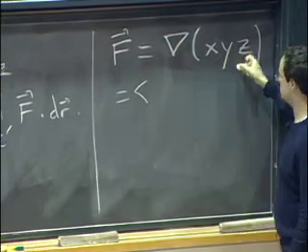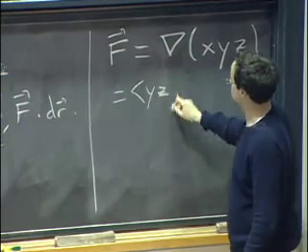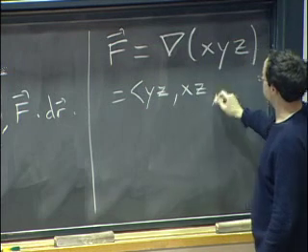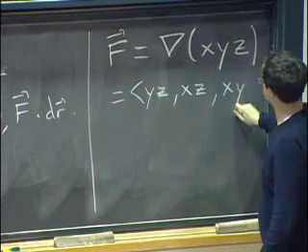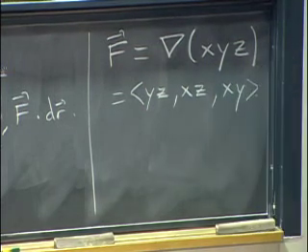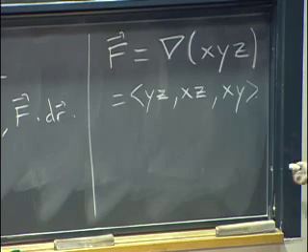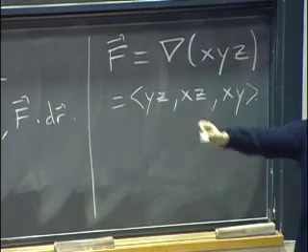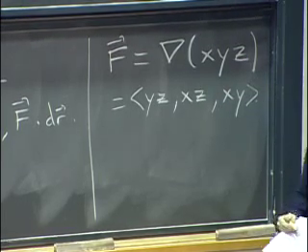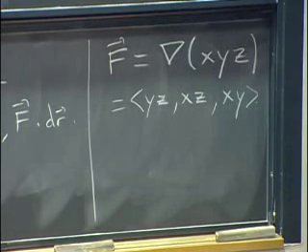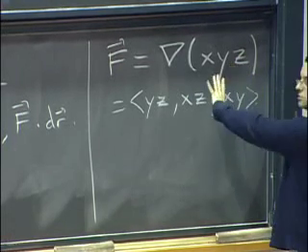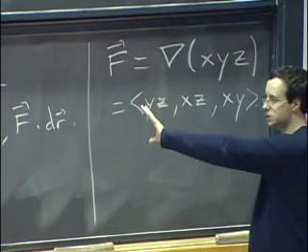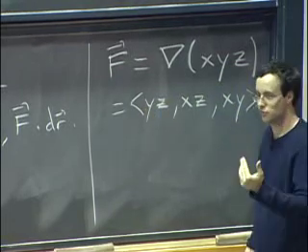If you take partial of this with respect to x, you'll get yz, then with respect to y xz, and with respect to z xy. And so, in fact, what was the easier way to compute these line integrals? Well, that was to use the fundamental theorem of calculus. Once we have this remark, we don't need to compute these line integrals anymore. We can just use the fundamental theorem.